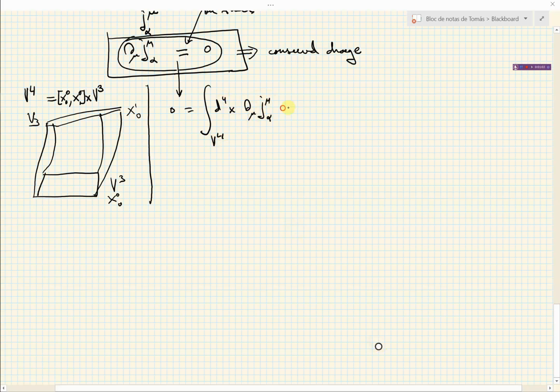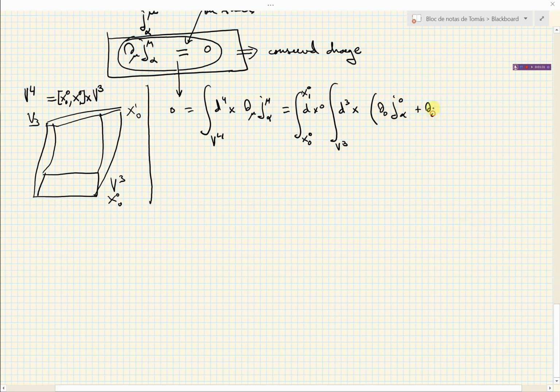Okay, the first thing that we do is to rewrite the integral as an integral over the time interval and an integral over the three-dimensional volume, d3x, and d mu j mu, this divergence can be written in components in this way.